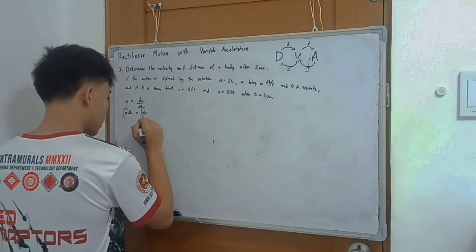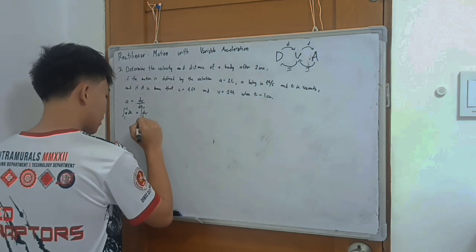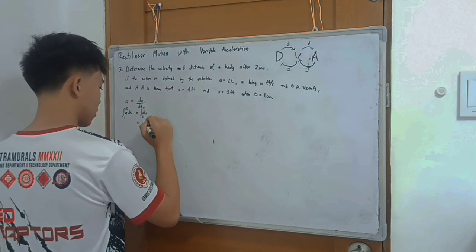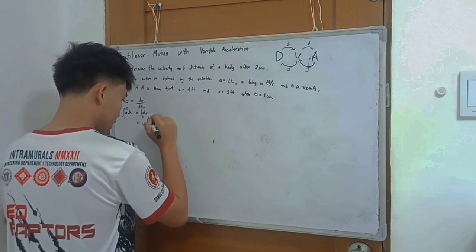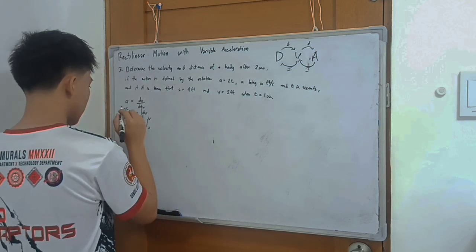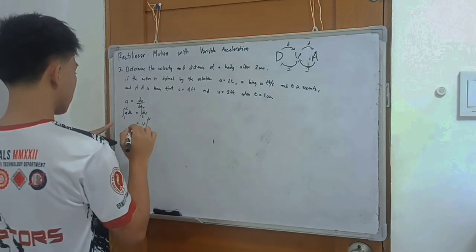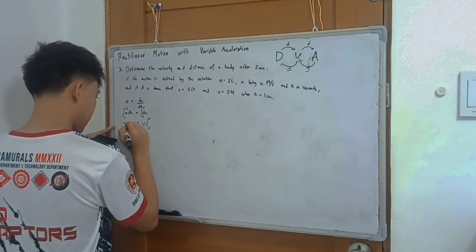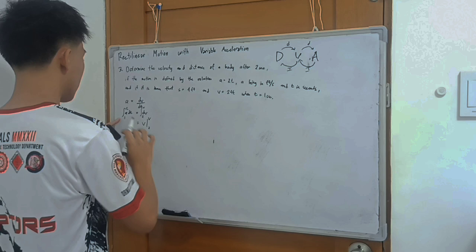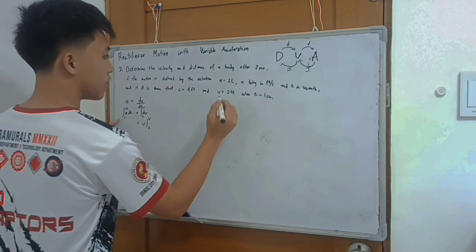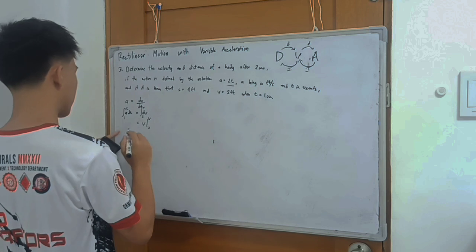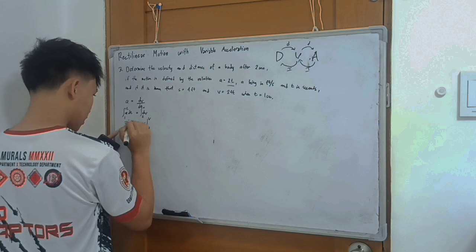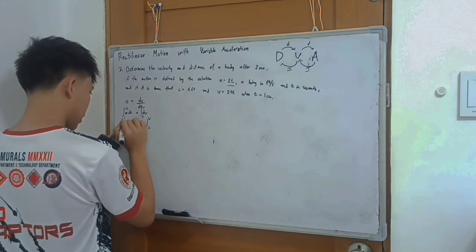So the integral of dv is v, with limits v and 2, and we need to substitute the acceleration with its value, so 2t dt, with limits t and 1.